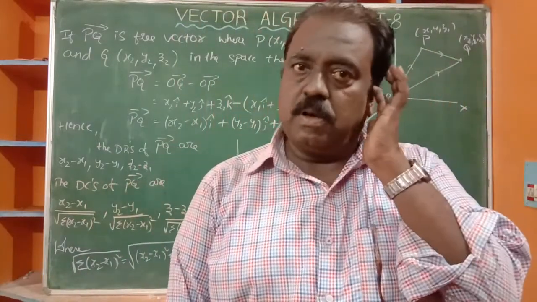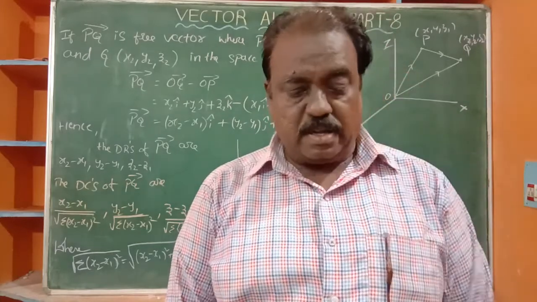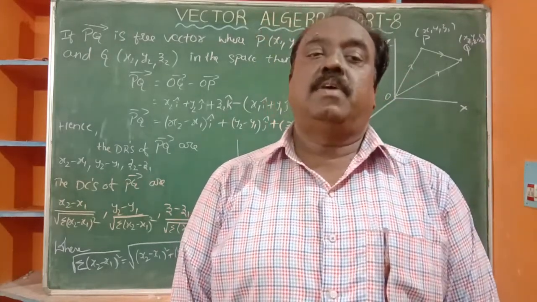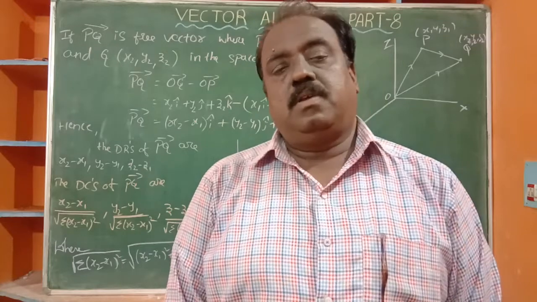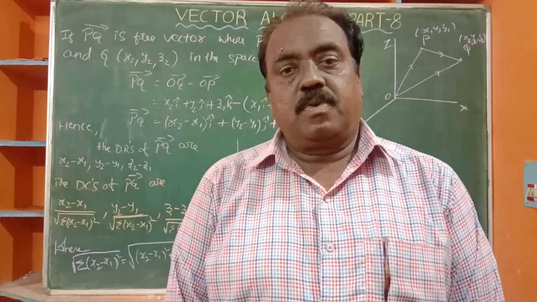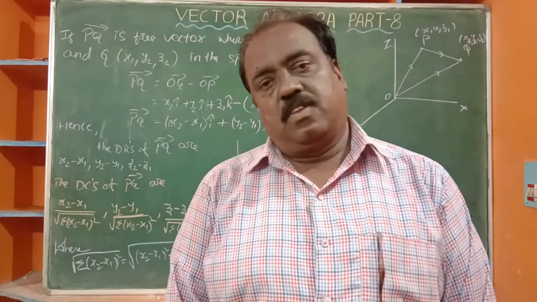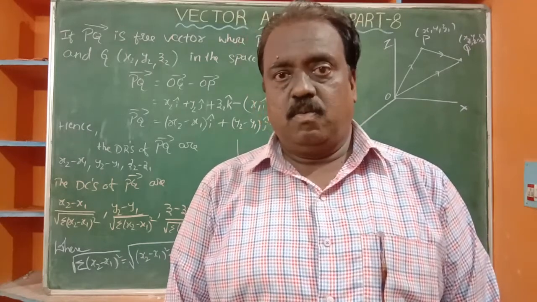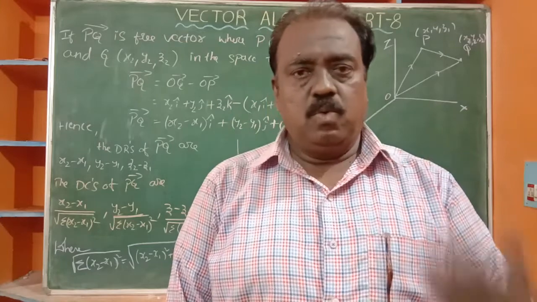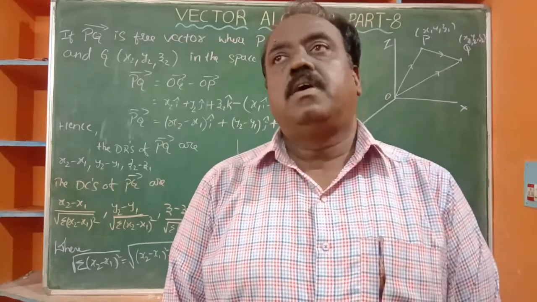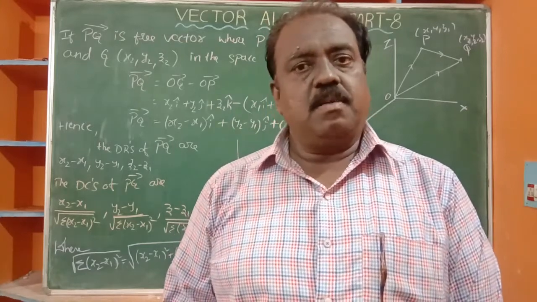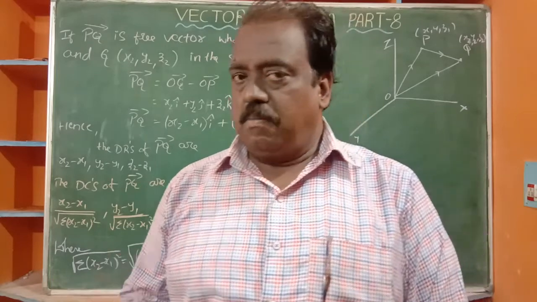Successfully we completed 7 parts. In the last, seventh part of vectors, vector algebra, we discussed the components of a vector, DRs and DCs also. What are DRs? Once again, learn it. We repeat that concept. DRs are nothing but scalar components.